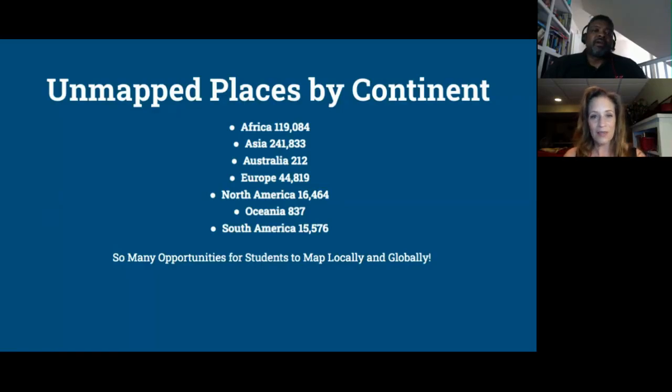So in terms of the amount of unmapped places by continent, you can see in this particular graphic that there are so many opportunities for students to map locally as well as globally. Africa and Asia are probably the two biggest areas that stick out, but even in North America and Latin America, there are places that still aren't mapped.